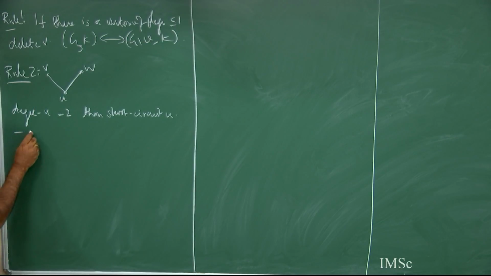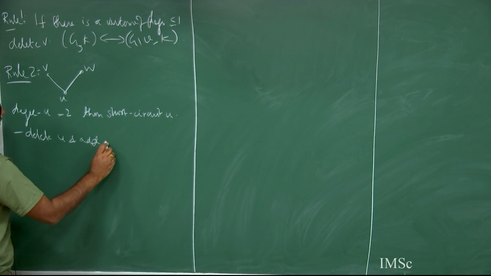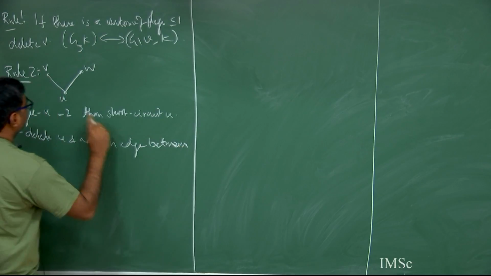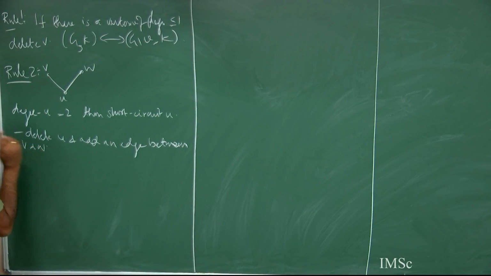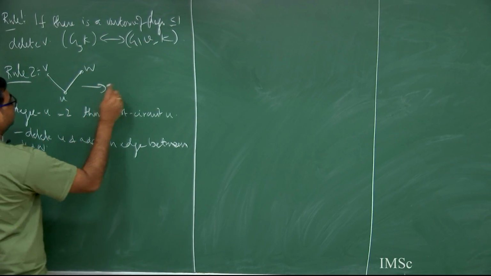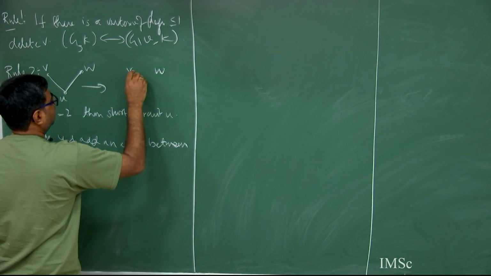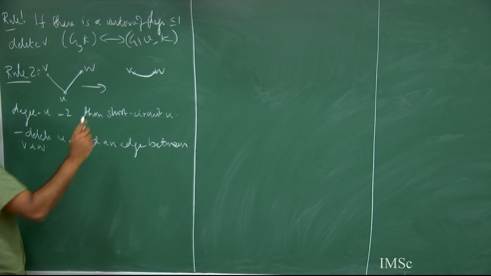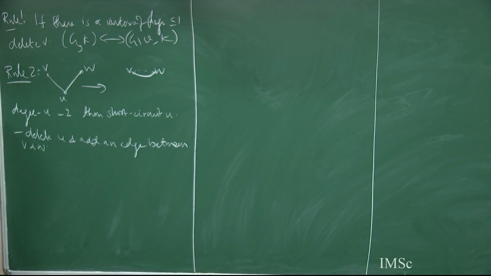You delete u and add an edge between v and w. There could already be an edge between v and w, then you will get a parallel edge. That's where the parallel edge comes from. You apply these rules recursively.